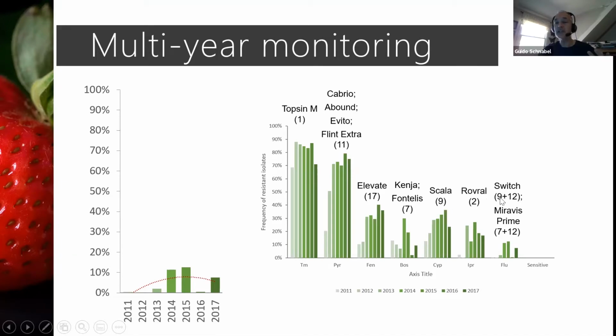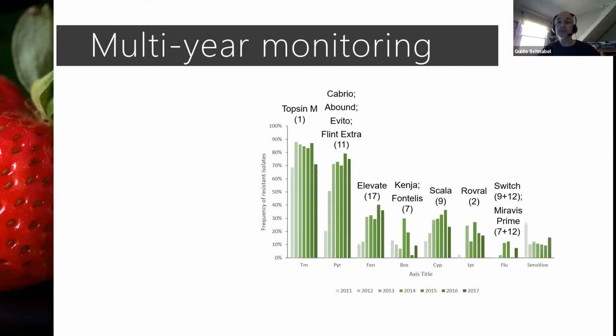As you can see here, 9 plus 12 is Switch, and the 9 component is in the 20 to 30% level. Miravis Prime, the mixing partner is 7. If you look over here, 7, that's even better than 9. Resistance levels are even lower than 9. So we've got some really good products out there that we can use.